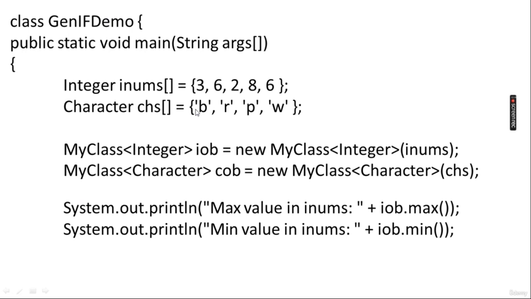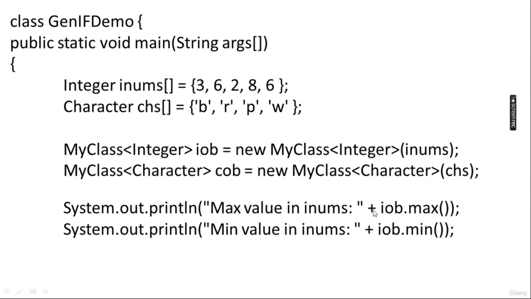Then public static void main. Integer inums[] = {3, 6, 2, 8, 6}; Character chs[] = {'b', 'r', 'p', 'w'}. Okay, so an object is created for array inums, and an object is created for array chs.